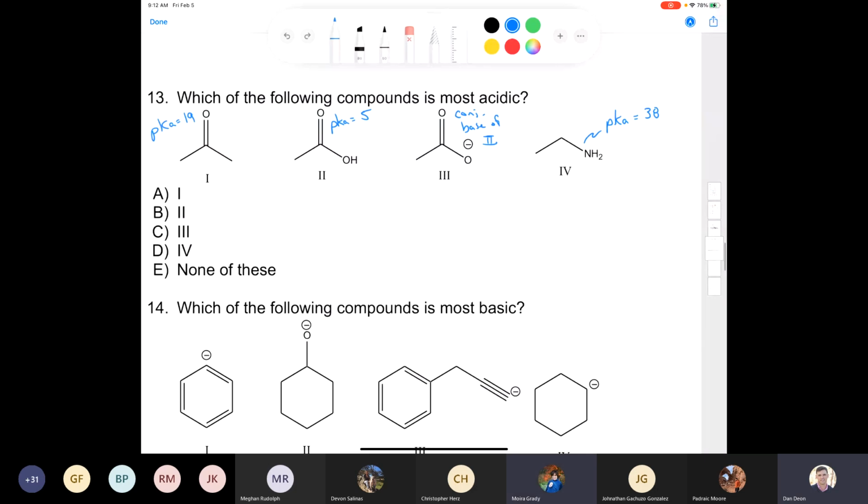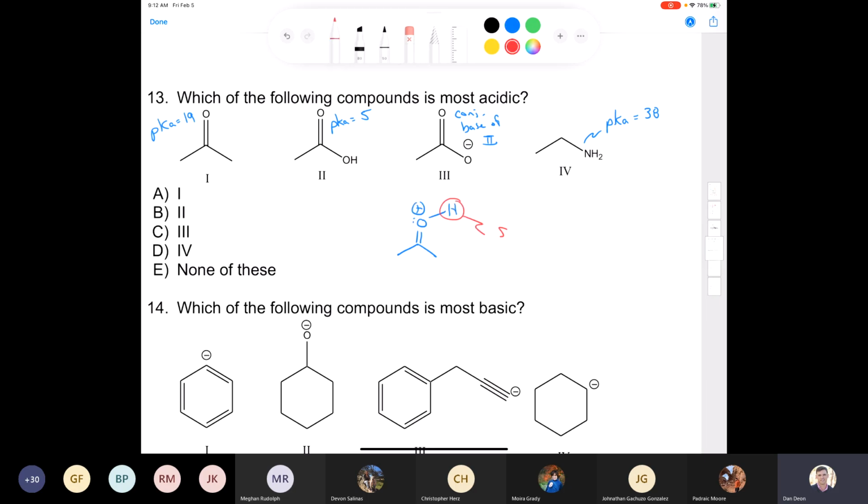I thought for the first one that would be negative 7.3. No, the ketone. No, not a ketone. A ketone is going to have a pK of around 19. So this one has a pK of around 19. When you have a pK of minus 7.3, that's when you have a protonated carbonyl, like this.